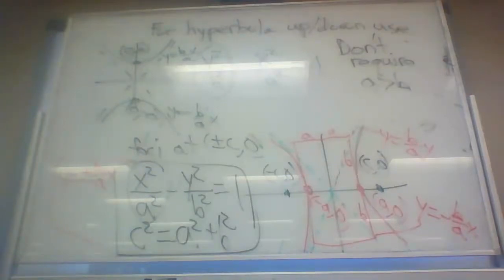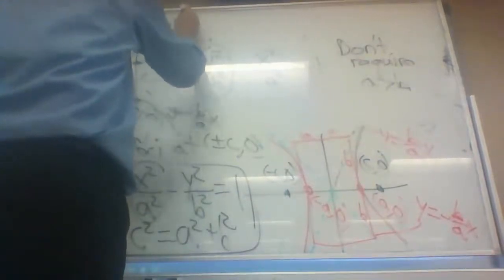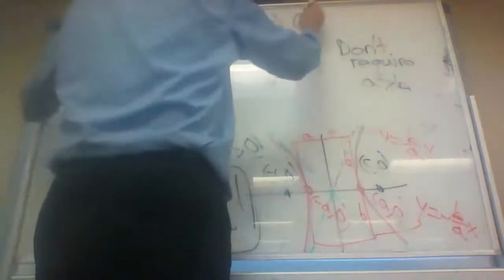All right, so let's try a problem with that one then. Suppose the vertices are (4, 2) and (4, -4).